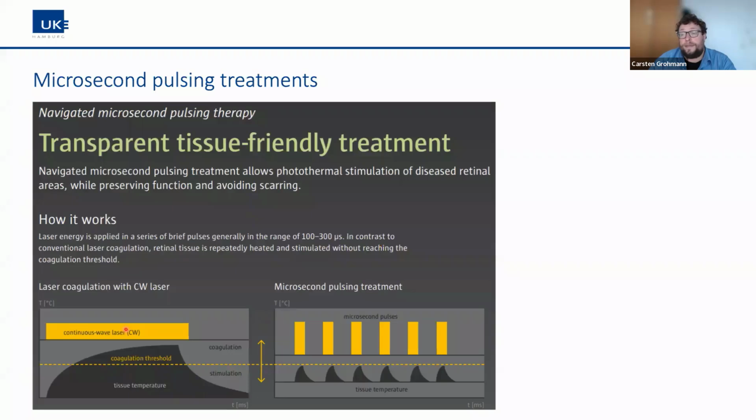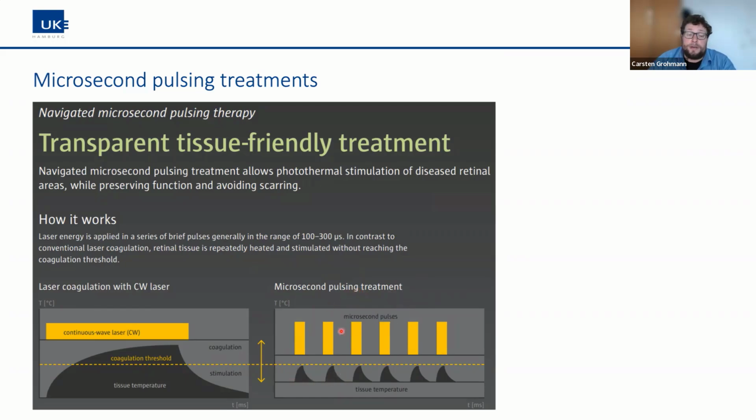But if you need a focal approach, lasering a micropulse grid around the fovea, or having diabetic edema near the fovea, not in the center, micropulse grid would be great. And also for CSCR with spots, fluorescein coming out around the center, the fovea, the microsecond pulse treatment can be your first choice.